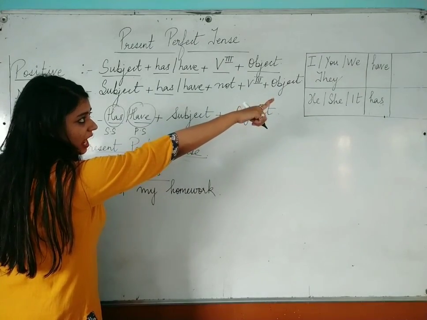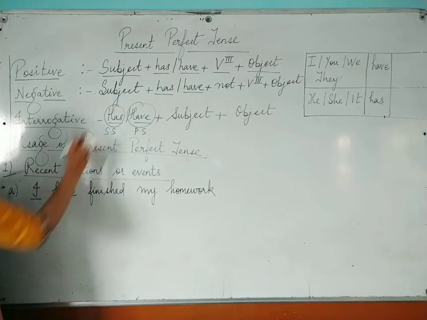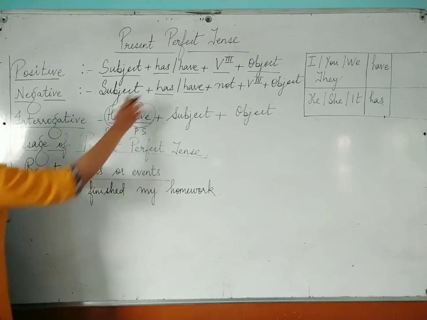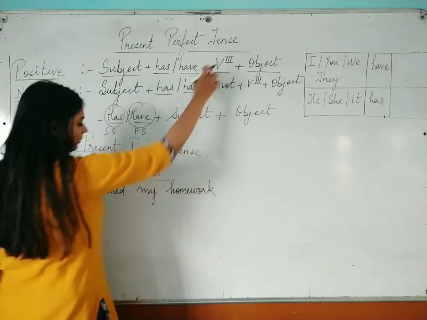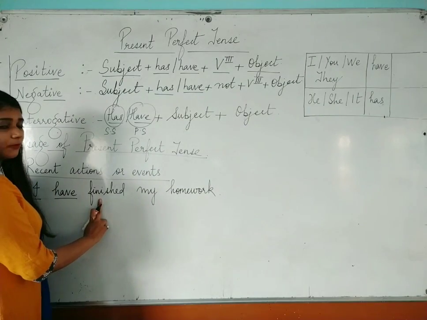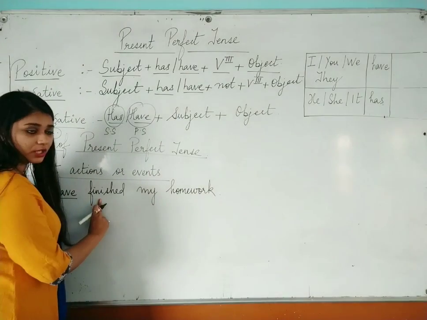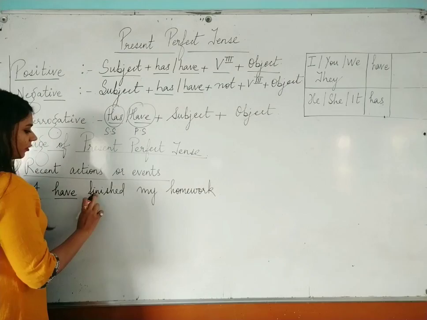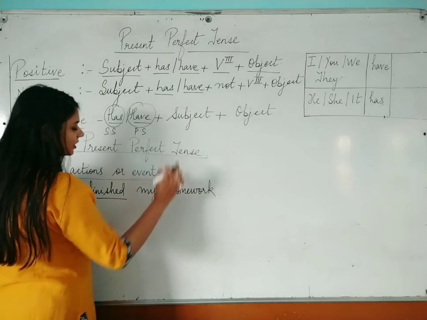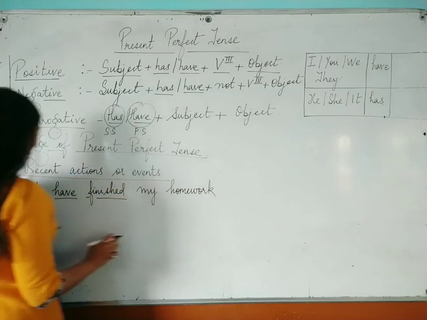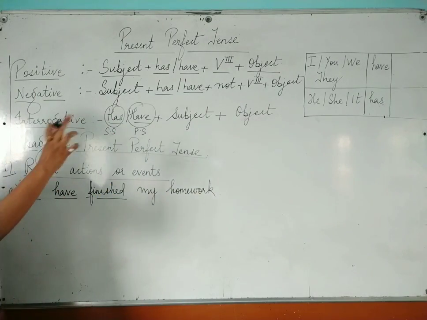You have to use have. Then verb third form. So finish is verb first form, finished is verb third form. And then the object which we are using, my homework. Okay, this is your present perfect tense.